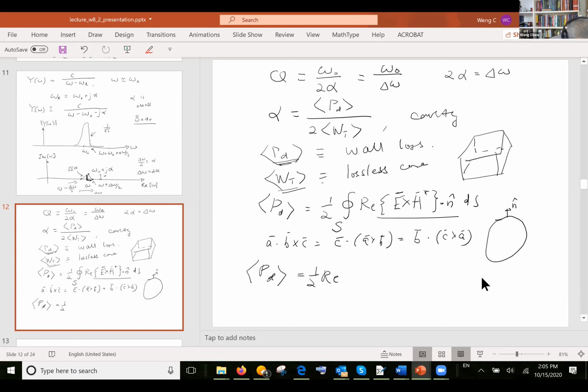I can take the real operator out, and then the surface integration. I can put n cross E dot H star over here, ds. This is, in a sense, more intuitive.